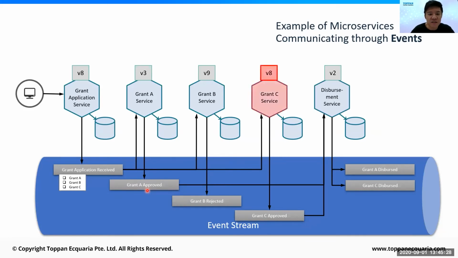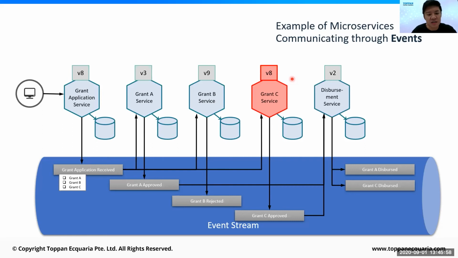So in the event that the team that handles Grant C accidentally introduces a bug or defect in the Grant C service in their new version, it does not impact other services. You can still continue to accept the applications, and other grant services may still proceed to process their applications. Right? And when the team recovers the service, it will pick up from where it stopped.